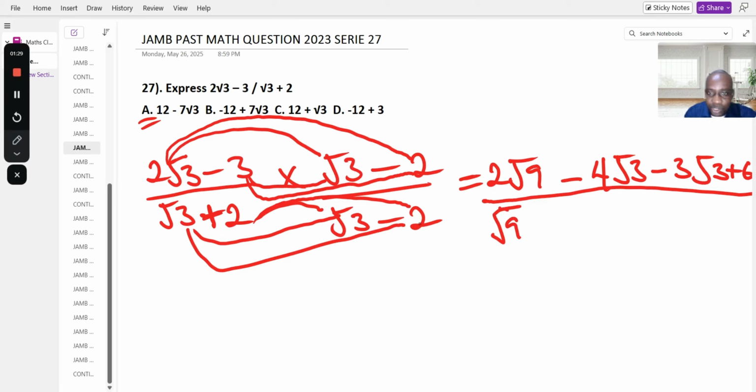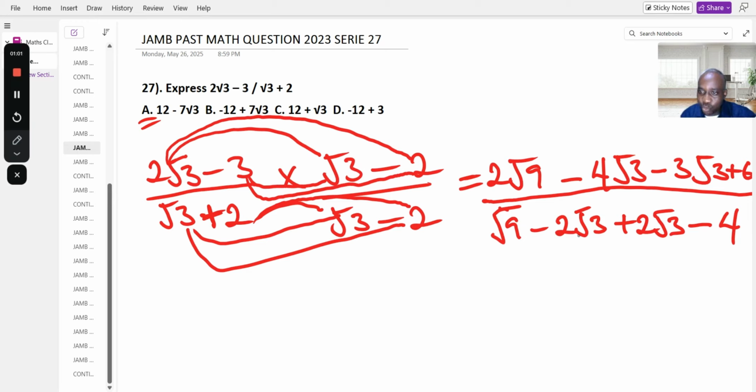Square root of 3 multiplied by minus 2 is going to give us minus 2 square root of 3. Now let's move to the plus 2 again. Plus 2 multiplied by square root of 3 is going to give us plus 2 square root of 3. Plus 2 multiplied by minus 2. It means that plus times minus is going to give us minus. 2 times 2, 4.